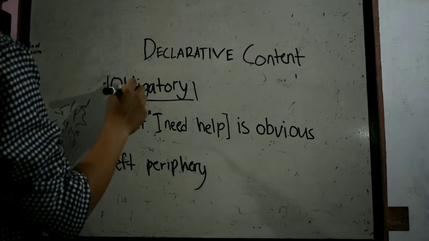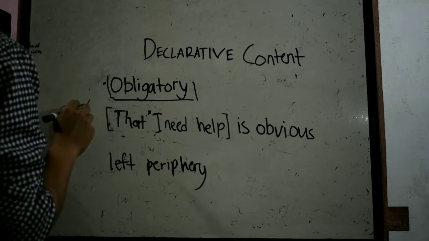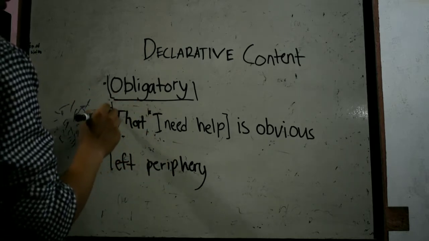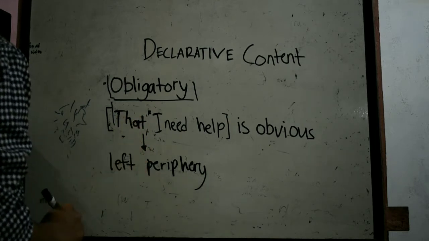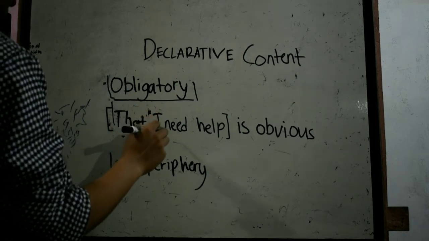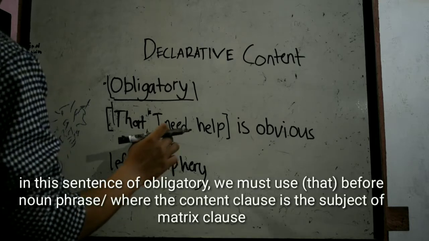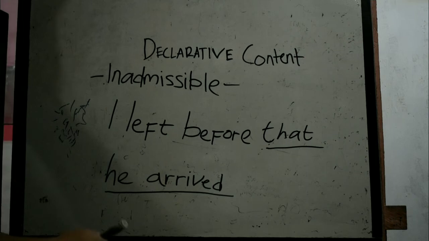We can say obligatory if the content clause is in the left periphery, like this. So we have "That I need help is obvious." If the head is a noun, we can use it.